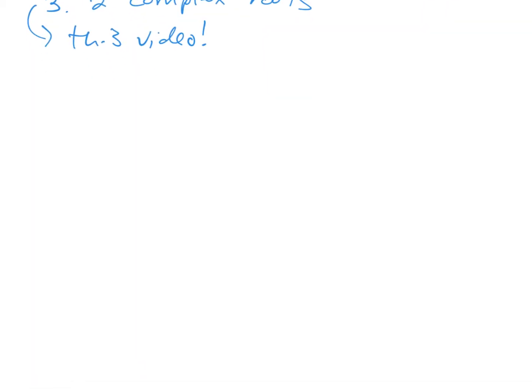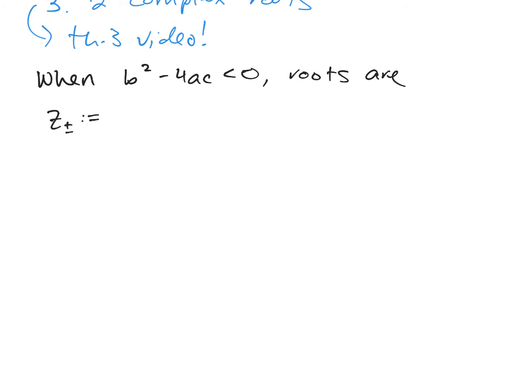So that comes up when the discriminant is negative. So when b squared minus 4ac is negative, the roots are, now instead of calling it r, I'm going to call it z, plus or minus, r equals alpha plus or minus i beta.